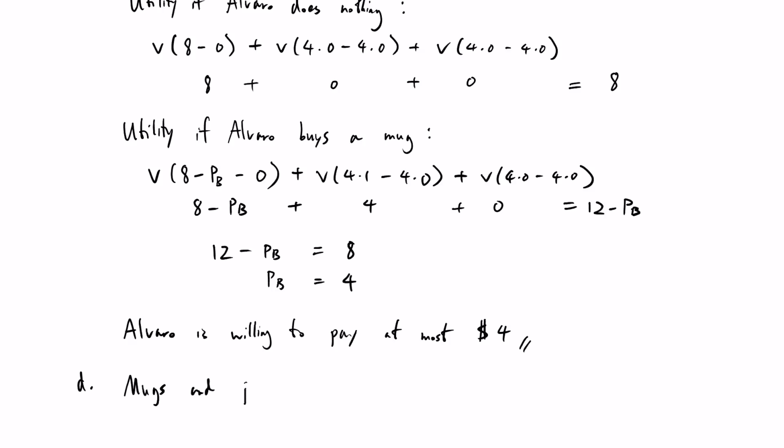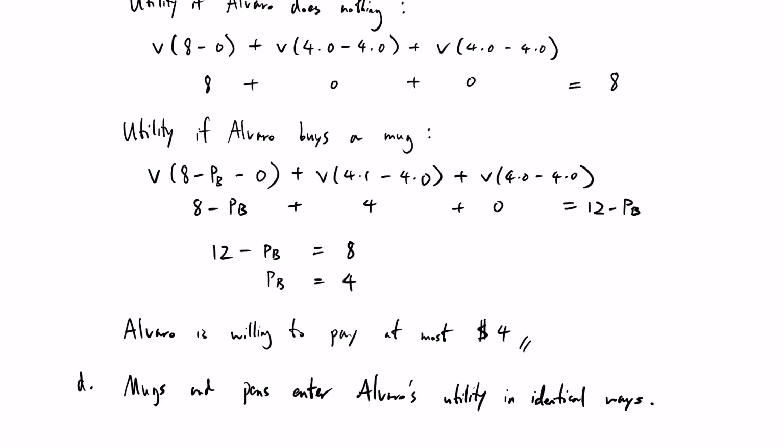Mucks and pens enter Avero's utility in identical ways. So we should expect them to be the same. Okay, so we have 2 more parts, and then we're going to take a break.